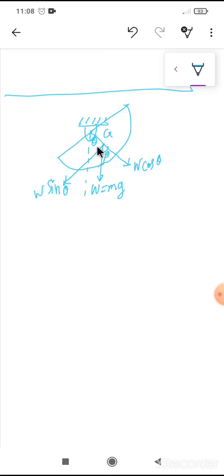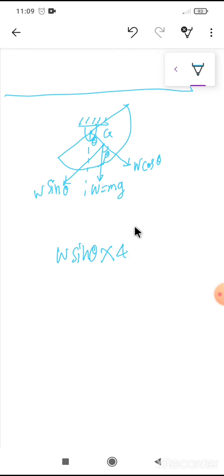But a torque is generated due to this change in the action of the force. That is w sin theta into this distance. What is this distance? This distance is nothing but 4r by 3 pi.